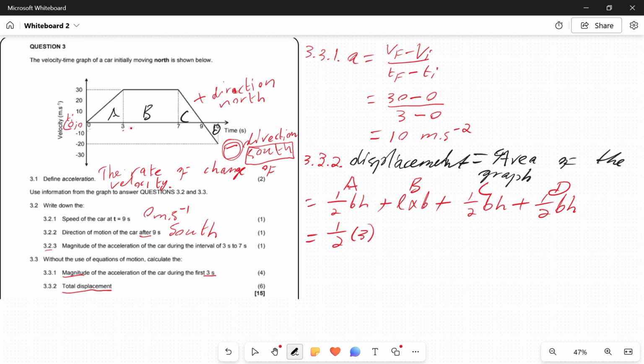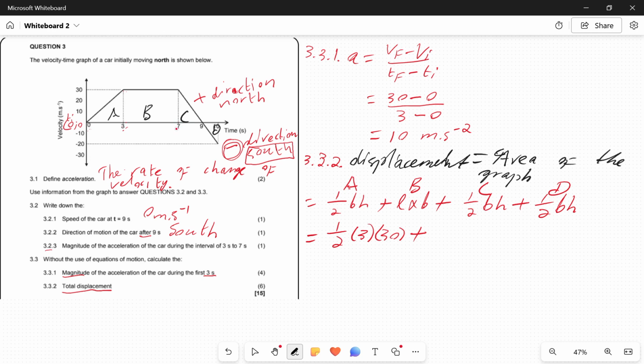The height is going to be me moving from the x-axis up until the top point of my graph. In this case, I was moving from 3 up until 30 meters per second. So that means our height here is 30. Plus, what is our length? I normally say length is the longest side. The longest side is between 3 and 7 meters.